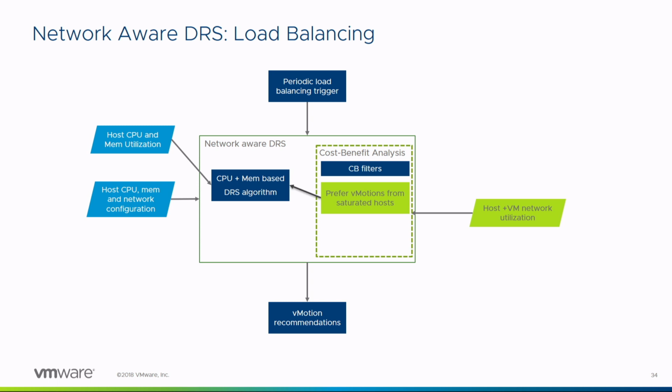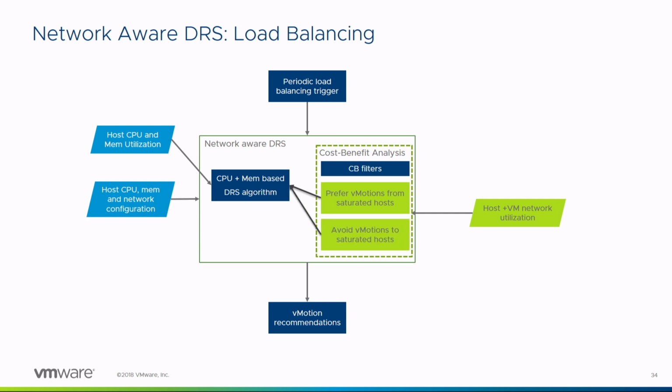If the source host is network saturated, and the VM is using some of that networking, we say, moving out this VM might help to relieve the saturation, right? So we bump up the priority of that vMotion so it won't get rejected by the later cost benefit filters. So that's the first thing we do.